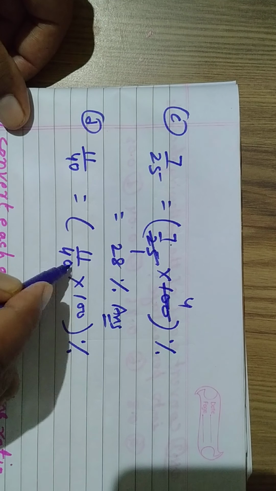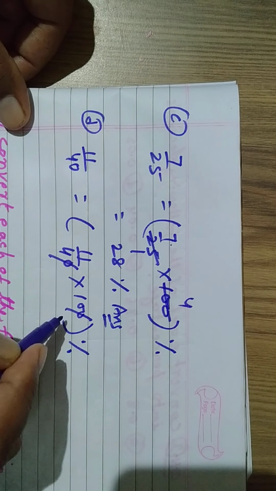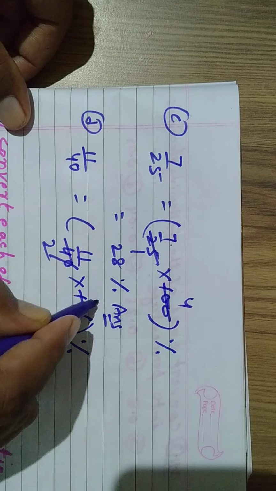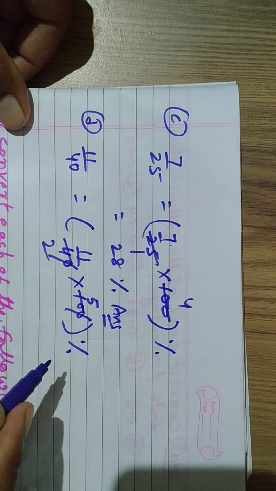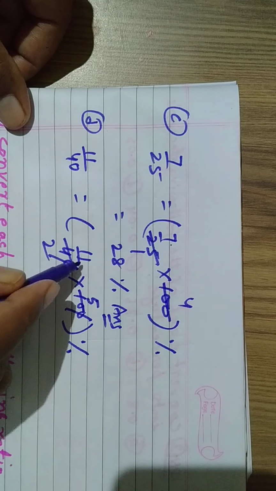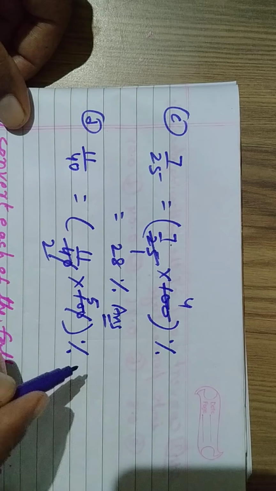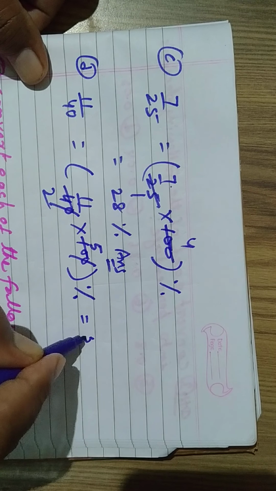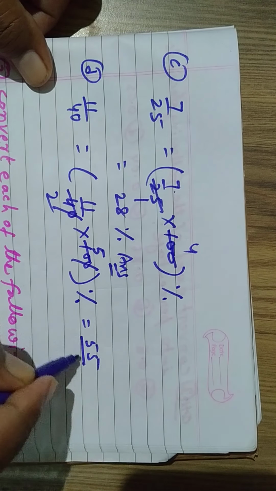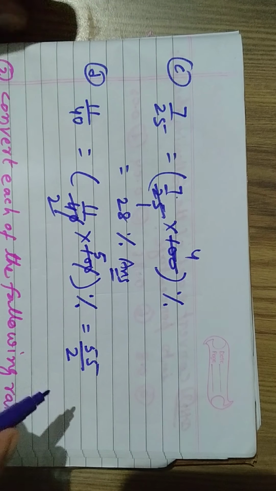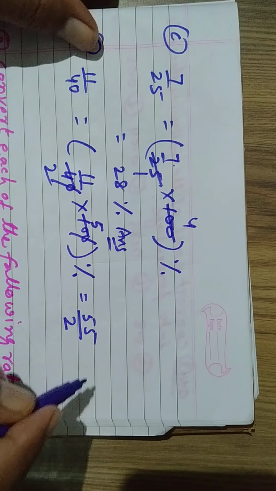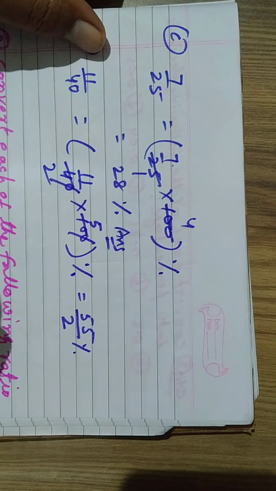Cut it. 0 0 will cancel. 2 2 ja 4, 2 5 ja 10. What is left? 11 and 5. 11 5 ja 55. What is left here? 2. So 55 by 2%.